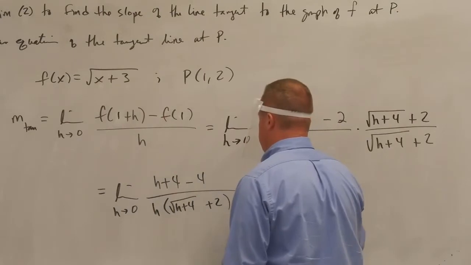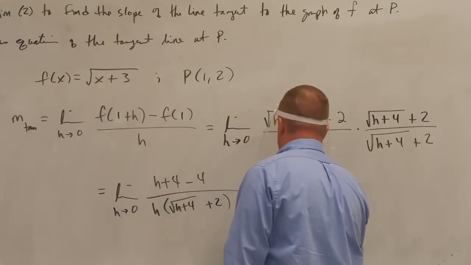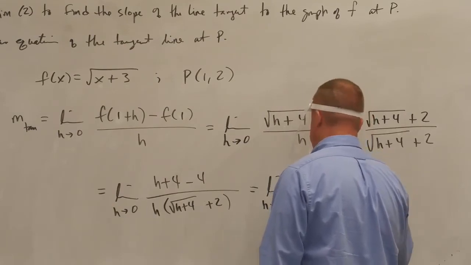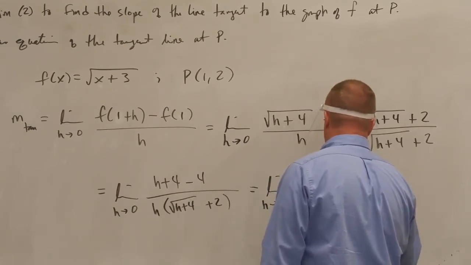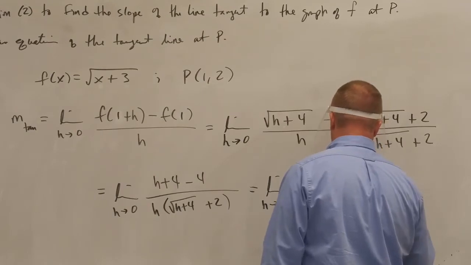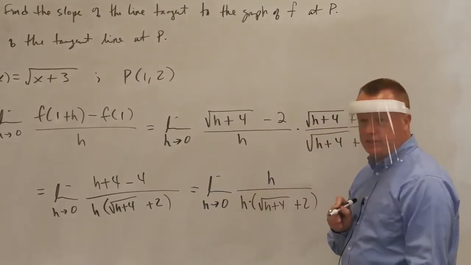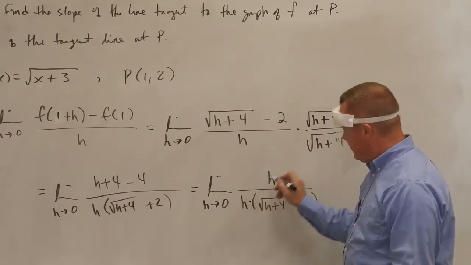So I have now the limit as h approaches 0 of h over h times root h plus 4 plus 2. All right, and notice the operation here. That operation is multiplication. So I can divide those h's out.